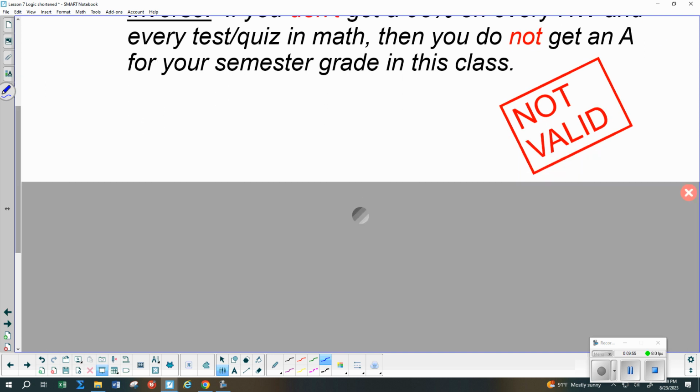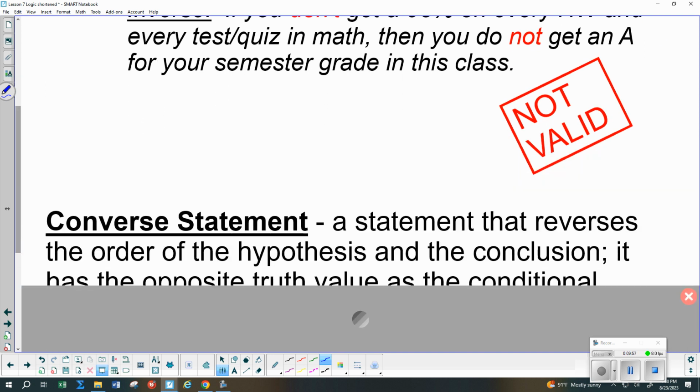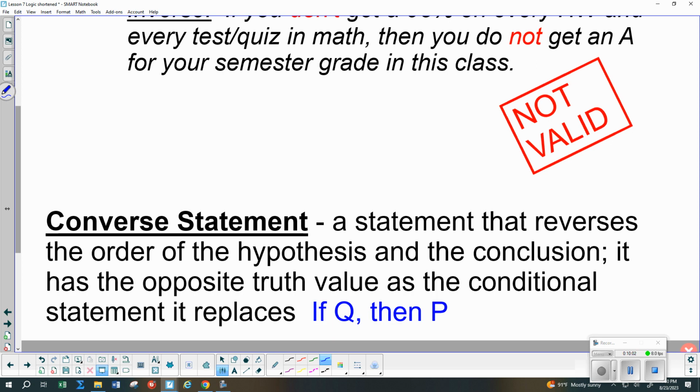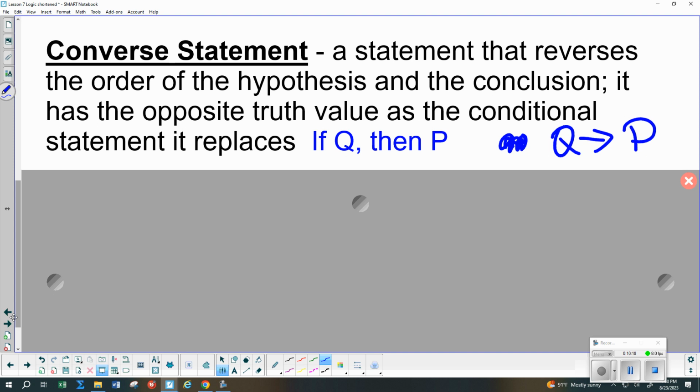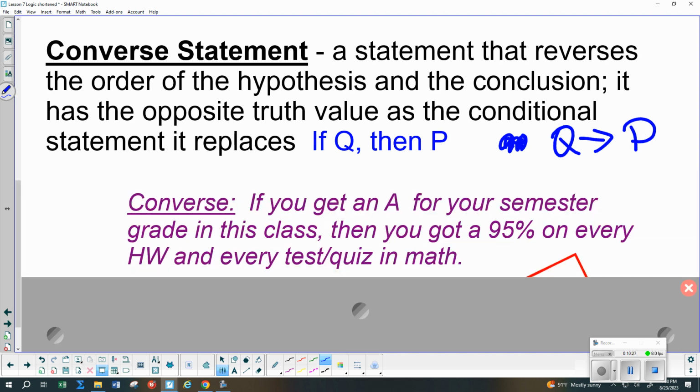And the last one with a name is called the converse, and it does the other thing. It changes the order, but forgets to put in the nots. So we started with P, then Q. The converse is Q, then P. And so if I took the converse of my original, if 95s then an A, my converse is just going to change the order: if A, then 95s.